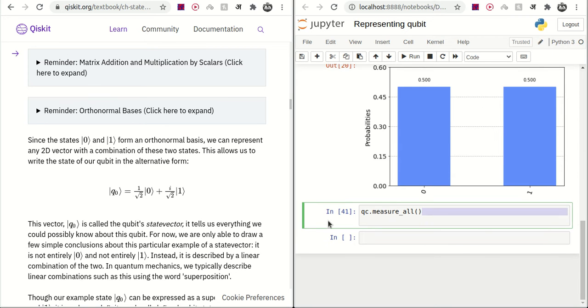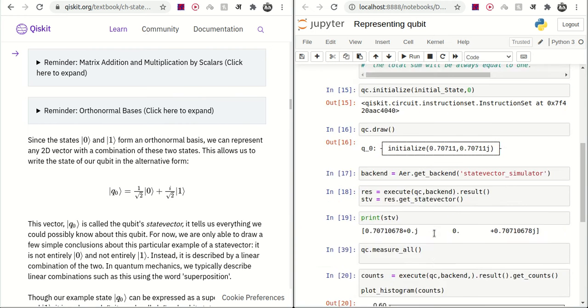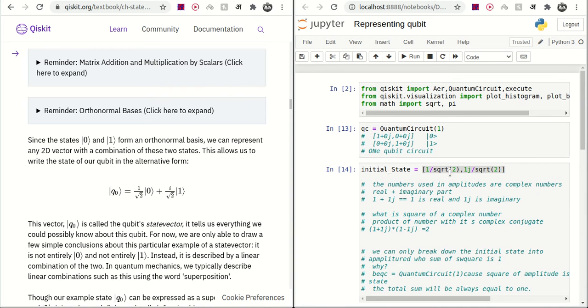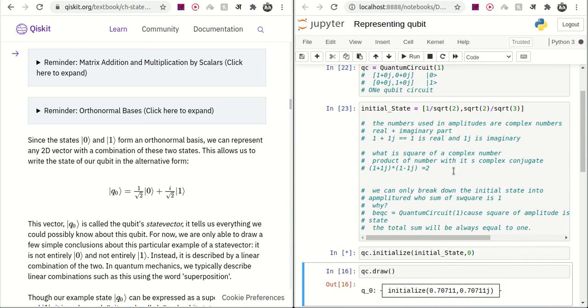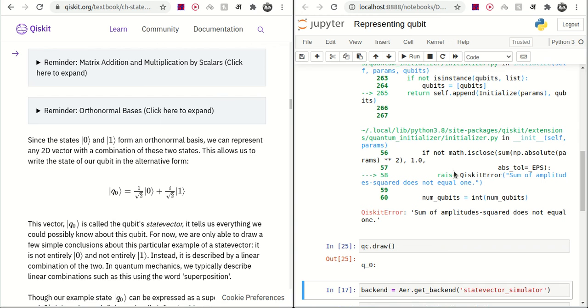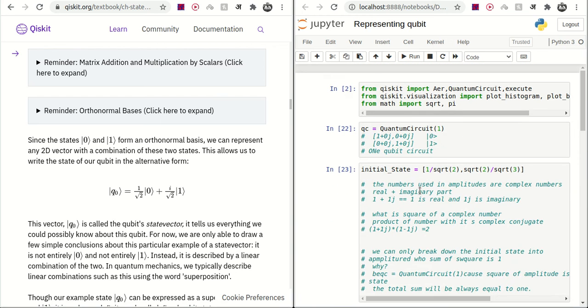So as you can see, if we initialize it with 1 by root 3 and root 2 by root 3, we initialize like that.